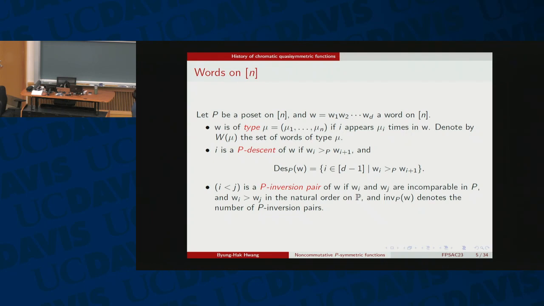And i is a P-descent of W if W_i is greater than W_{i+1} in the poset P, and we denote by the P-descent set of W the set of descents of W. There is another statistic, the P-inversion pair, but the important thing is that there is a statistic which is very naturally defined on the word.